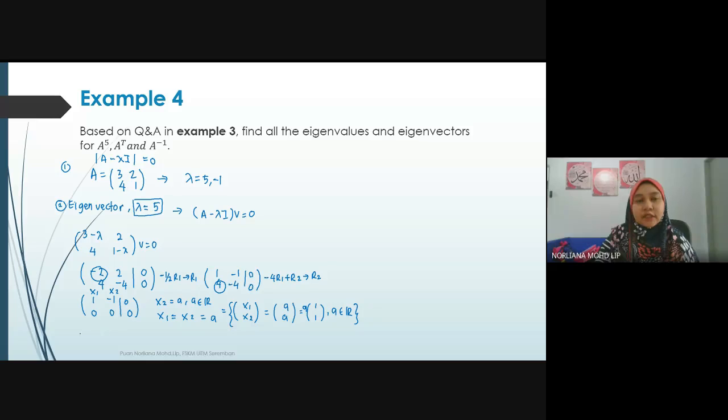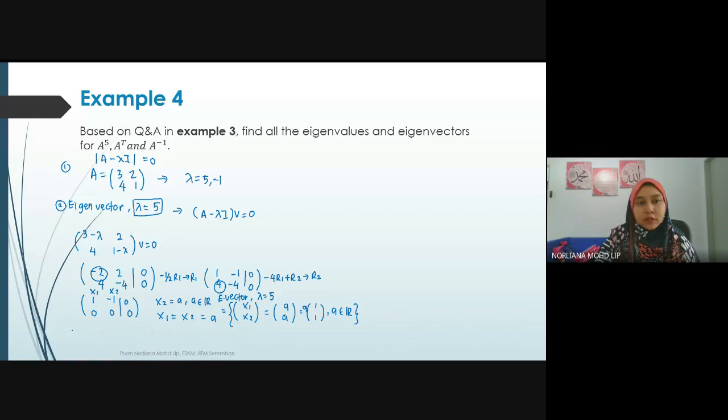Then find the eigenvector for lambda equal to -1. So you can make the conclusion for the eigenvector for lambda equal to 5.